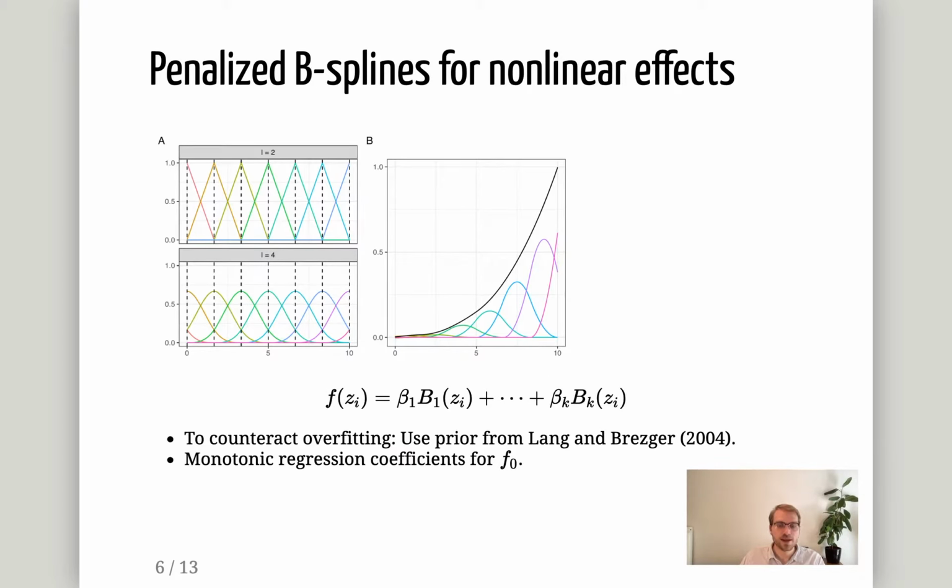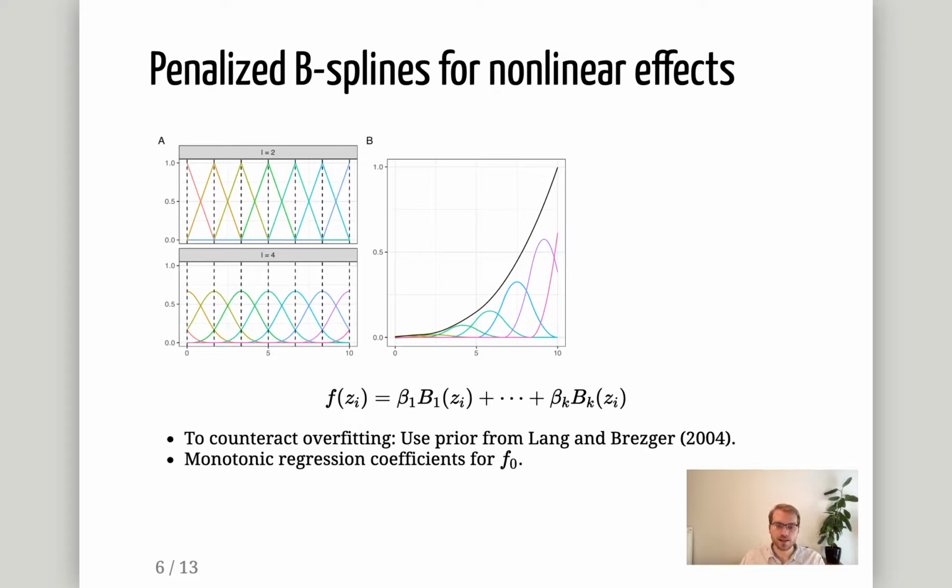And the main idea of P-splines, which are used for the nonlinear effects, is that we have a simple weighted sum of B-splines. The B-spline functions can be seen on the left side of the plot, and we then weight the B-splines and sum them up, and then get a function estimate, as can be seen on the right-hand side.